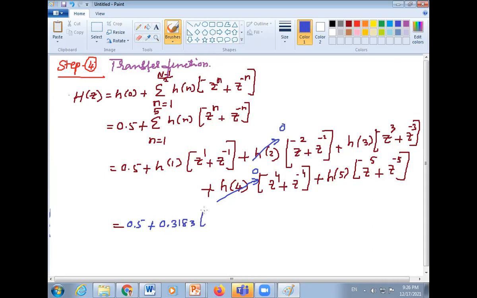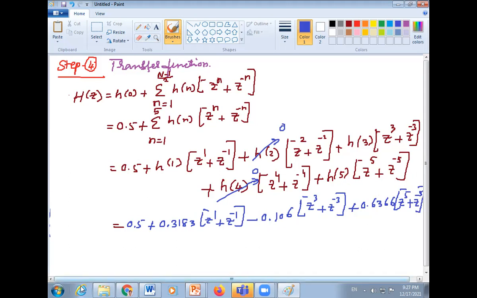The remaining parts: it is 0.5 plus h of 1, whose value is 0.3183, times z power 1 plus z power minus 1, plus h of 3, whose value is minus 0.106, into z power 3 plus z power minus 3, plus 0.6366 multiplied with z power 5 plus z power minus 5.